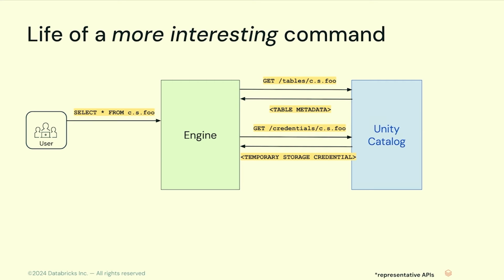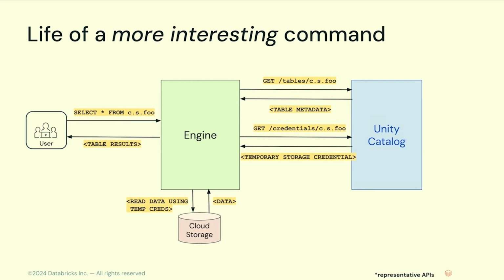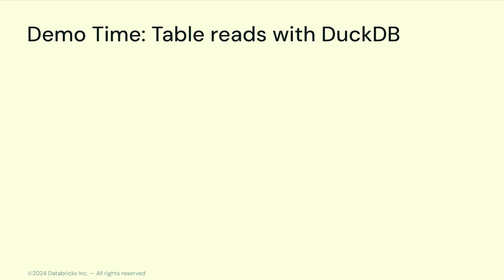Then it gets back the temporary credentials, and the engine uses those credentials to call cloud storage, gets the data, and uses that to render the results and send them back to the user. So the flow is more complicated, but this is the more interesting flow. This is how table reads work. This is what DuckDB does when it reads from UC.